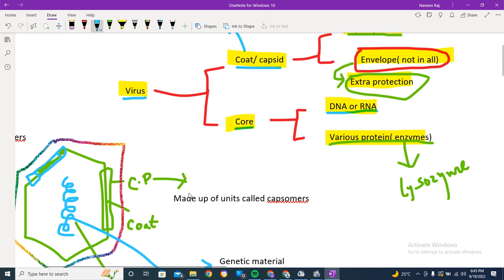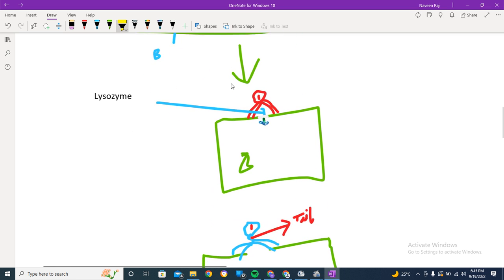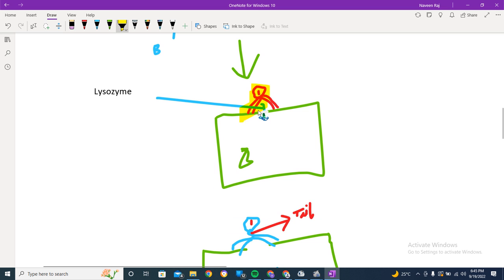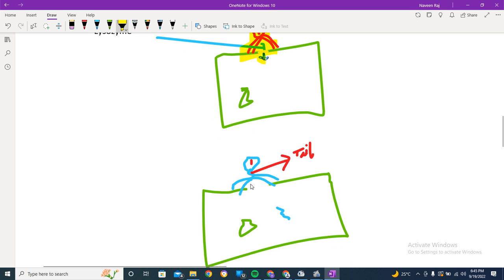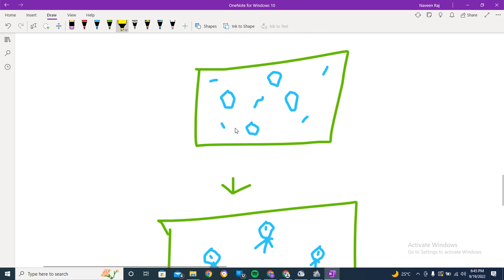Let me give an overview. We have this virus; first of all the landing, then the lysozyme, which makes a hole for penetration. Then the DNA is inserted inside, and the viral DNA hijacks the bacterial machinery, which is used to produce its own copies.